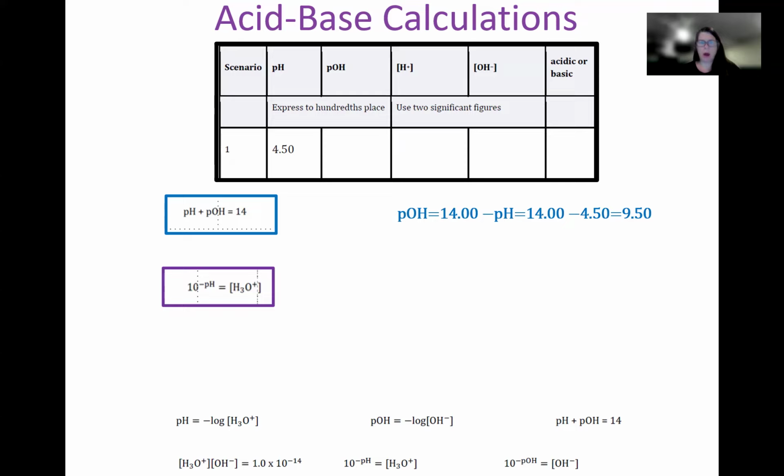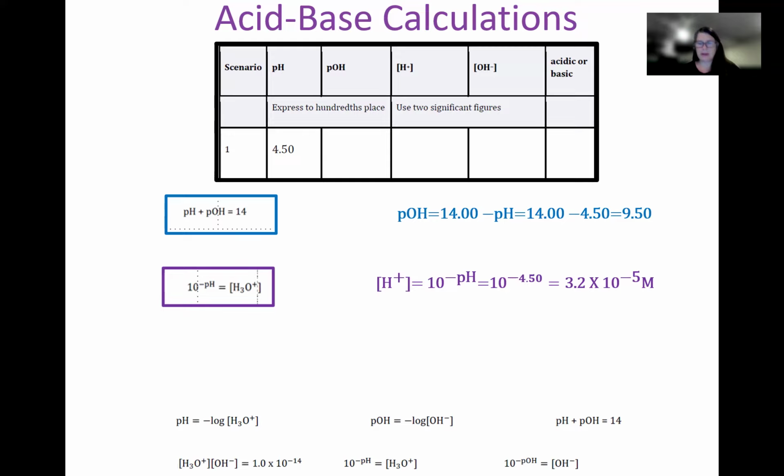I can go from pH to the hydronium ion concentration. Note that hydronium ion concentration and H plus concentration are used interchangeably. And to solve for this, it's H plus equals 10 to the minus pH, or that's 10 to the minus 4.50.